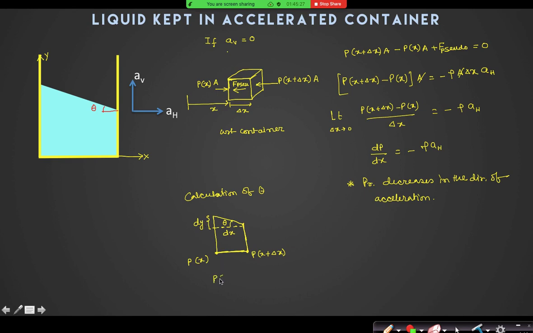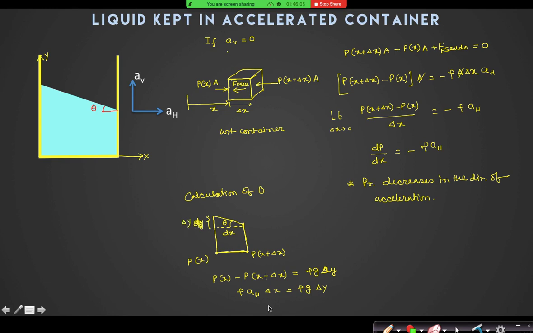So P of x minus P of x plus delta x is because of the difference of height dy, which is rho g into dy. And what is P of x minus P of x plus delta x? It is rho into AH into delta x. So rho into AH into delta x is equal to rho g into delta y, right? You can say that it is delta y.